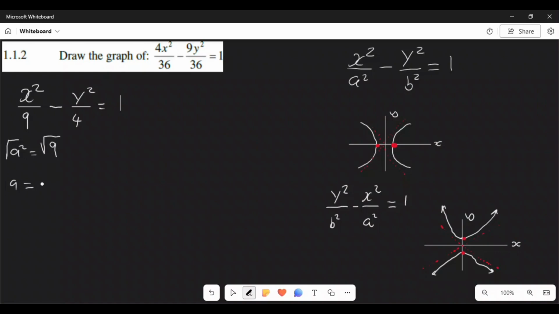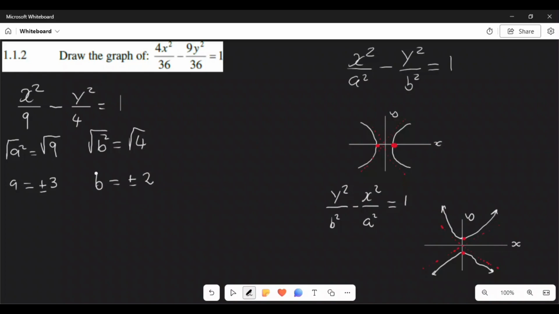So the answer is going to be plus or minus 3. Right. So let's look for b. Remember, b is the one that is dividing y. So b squared is the same as 4. So when we're looking for b, we have to square root these two. So our b here is going to be plus or minus 2.